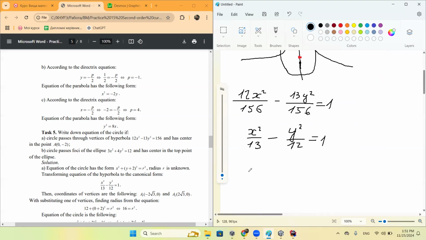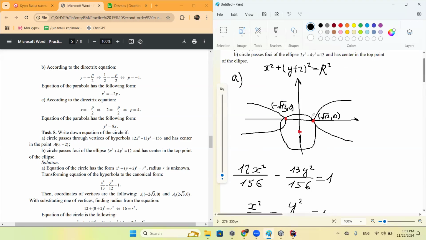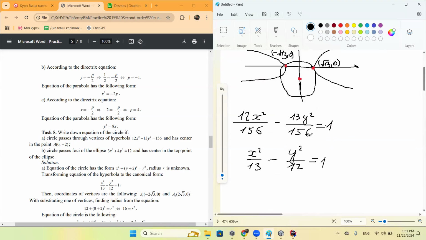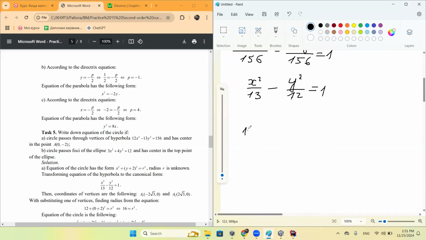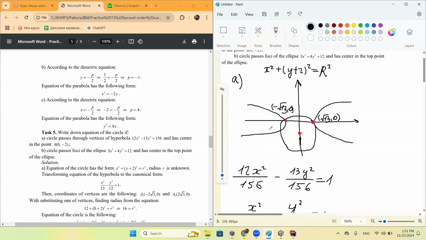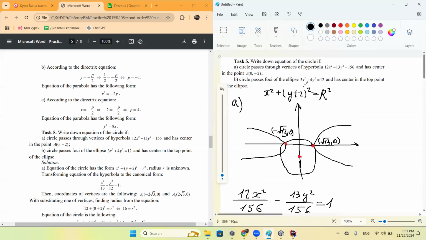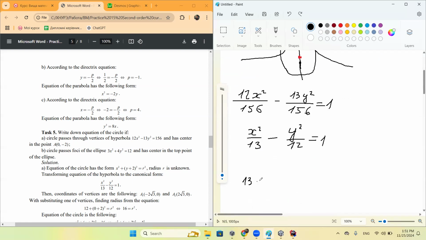So 13, not 12. Okay, so 13 plus 0 is here plus 4 equals r in power of 2. So the radius in power of 2 equals 17.